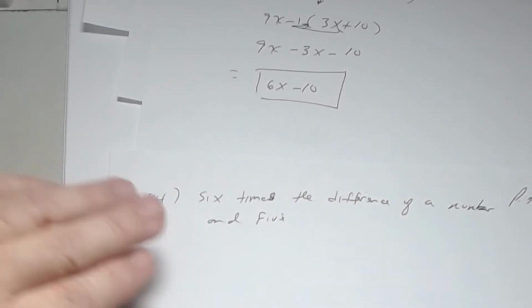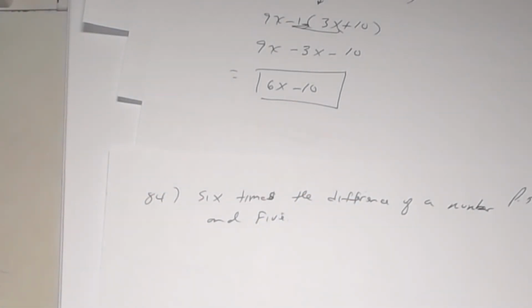So 6 times the difference of a number and 5. Now that's going to cause some of you some issues, this one. So let's see what you think this is. 6 times the difference of a number and 5.